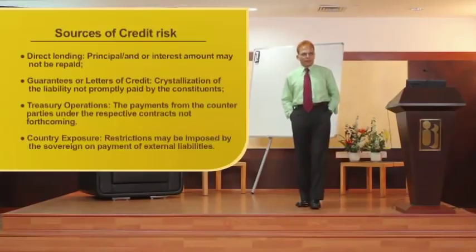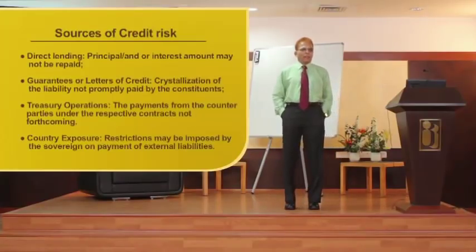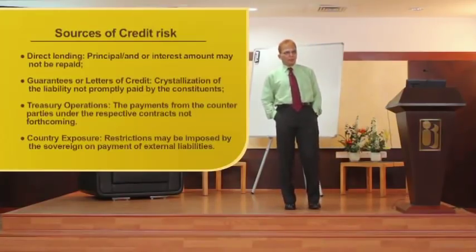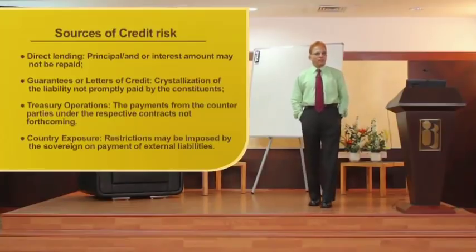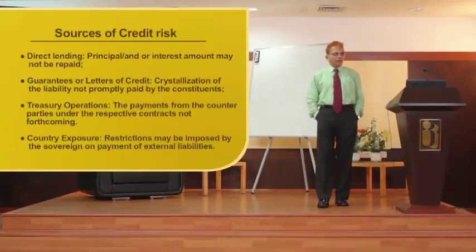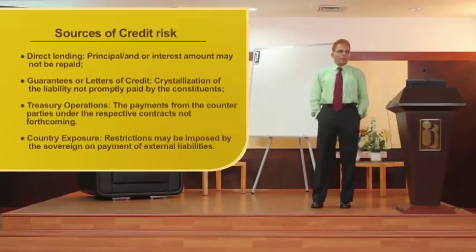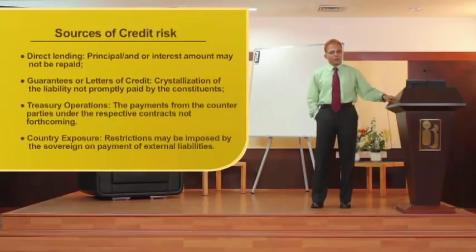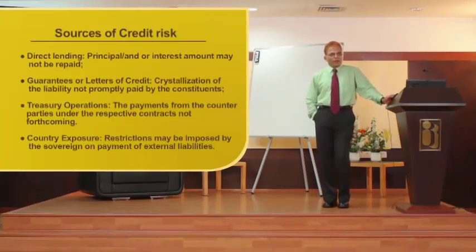Mostly the commercial banks are predominantly lenders. So basically the first source comes from direct lending. If there is a default from the borrower, there is credit risk. This also applies to credit card dues. If the credit card dues are not coming forward, this is also a default risk on account of banking activity.